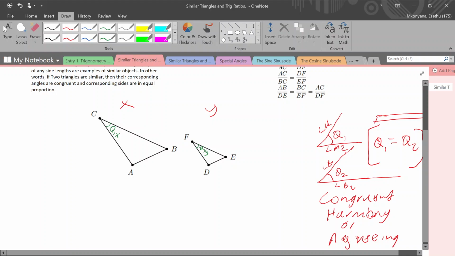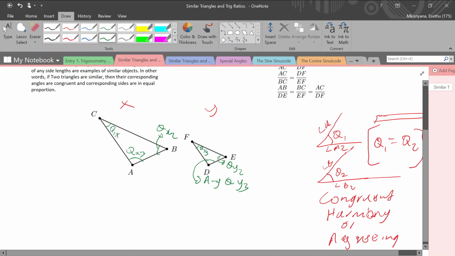Then that angle there we're going to call angle theta y2, and this one here we're going to call angle theta y3. So here we have theta x3 corresponding with that, and then here we have theta x2 corresponding with this one.